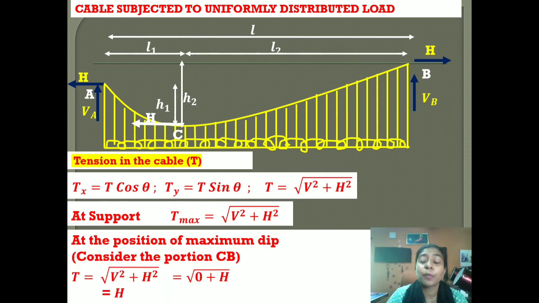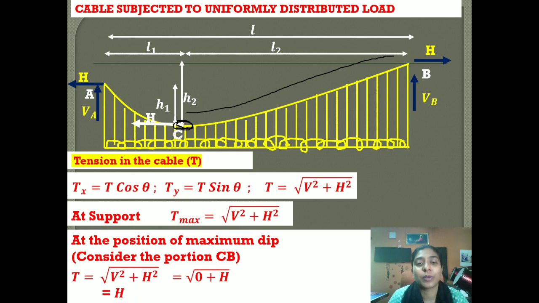Now, at the position of the maximum dip, C is the point where we have the maximum dip, and we are considering this portion CB. So at the position of maximum dip, we will have only the horizontal component, because the tension will be perfectly horizontal.